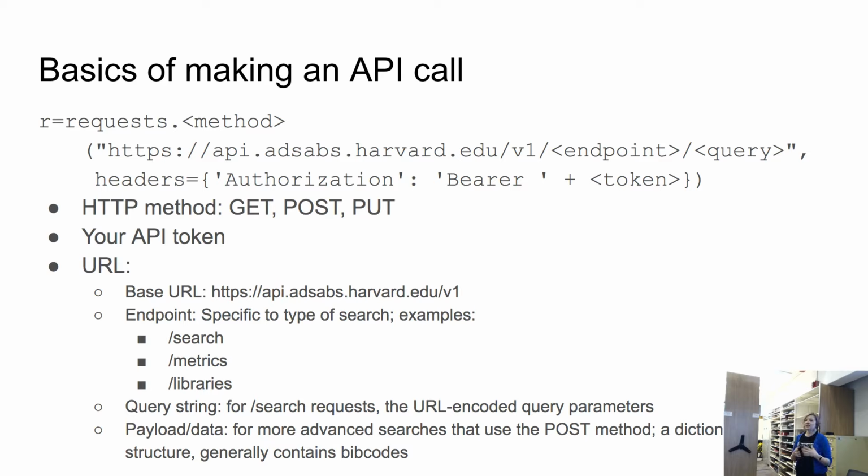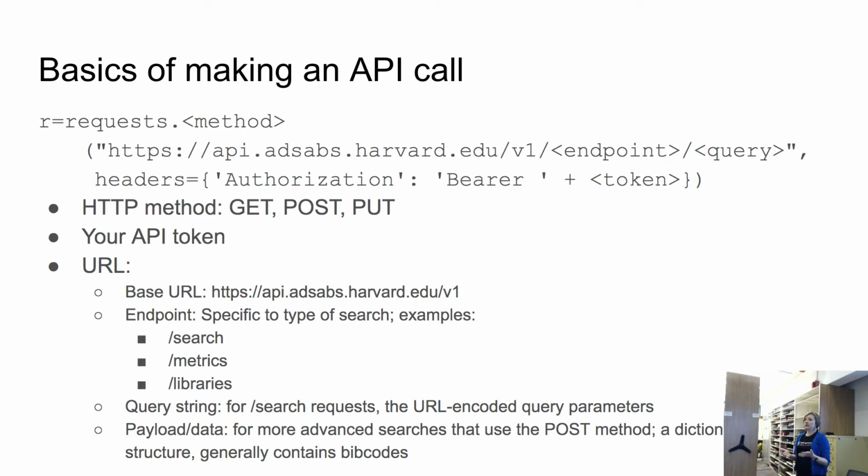We don't really need to get into the specifics of what exactly an HTTP method is. Just know that every single request that you make to the API has a specific method associated with it. Those methods are get, post, and put, which are the ones you're probably going to see. You don't really need to know what those are. Just when you're looking at our documentation, you'll see that every different example has one of those three methods associated with it.